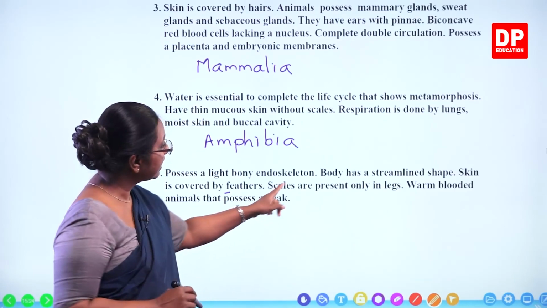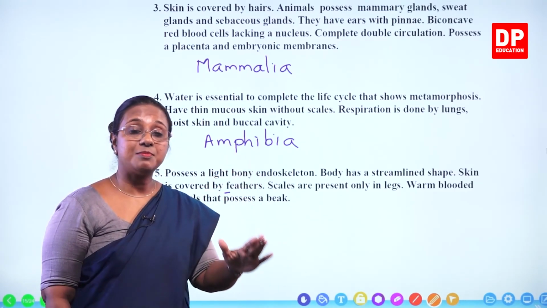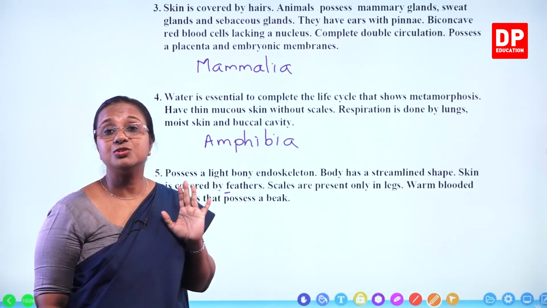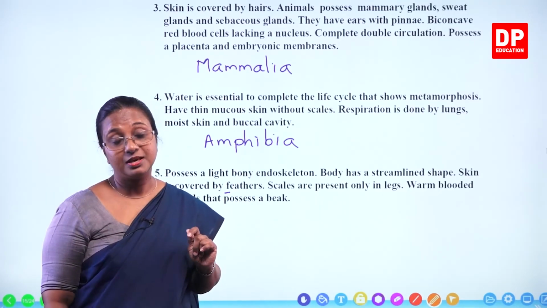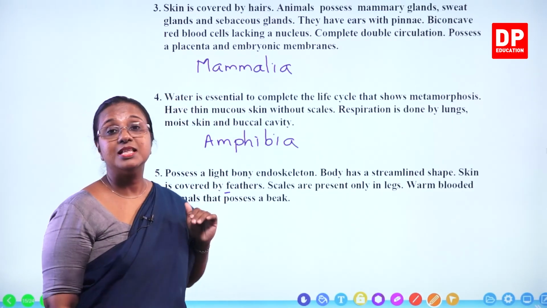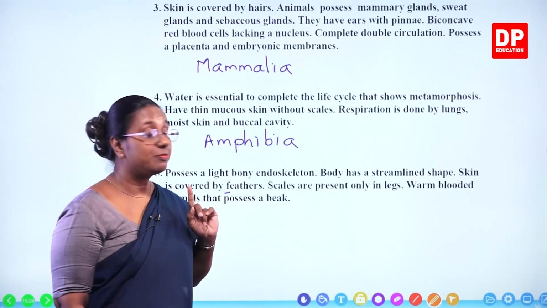Scales are present only in legs. Again, fishes have scales, reptiles have scales and birds have scales, but birds have scales only on legs. Warm-blooded animals that possess a beak. So, warm-blooded, both mammals and birds, they are warm-blooded animals. But here, warm-blooded animals that possess a beak.